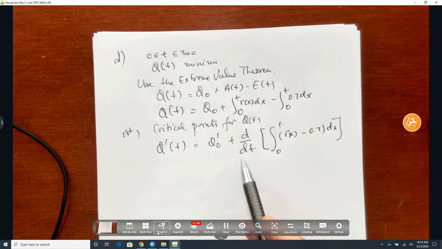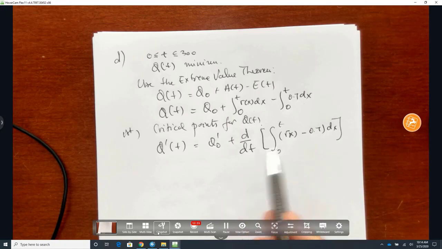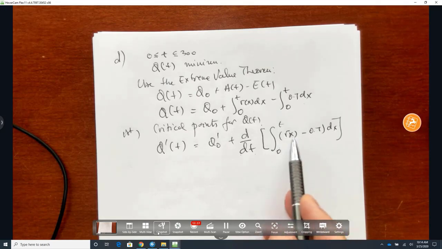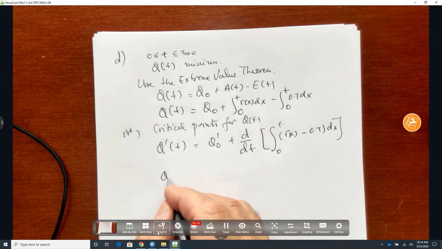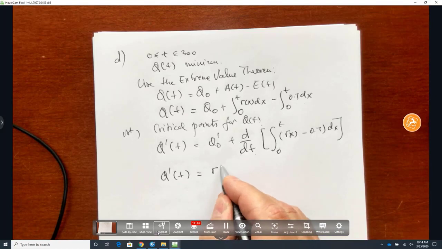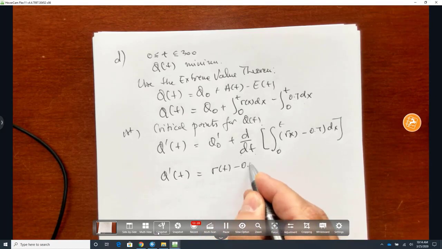Now, based on the fundamental theorem of calculus, part 1, I know that the derivative of this integral will be exactly the function right here. Obviously, the variable will be changed to t. So q prime of t is going to be 0 from here, plus r of t minus 0.7.